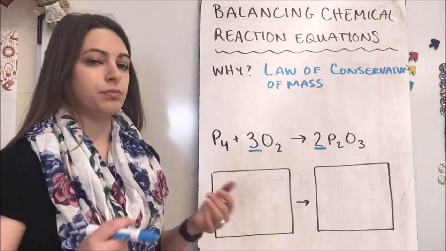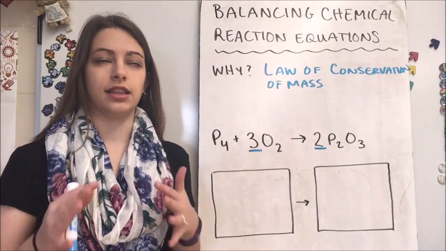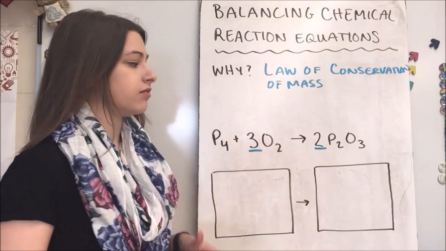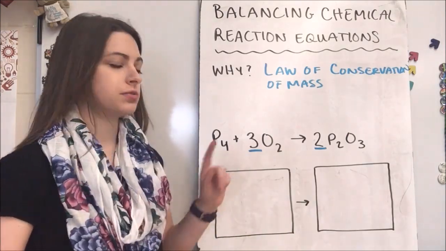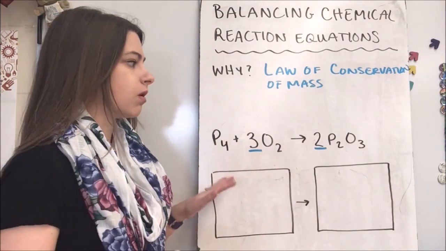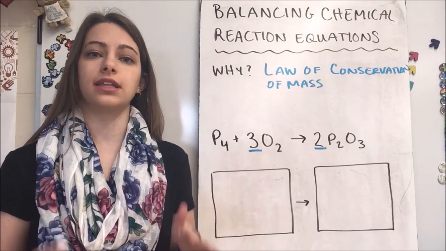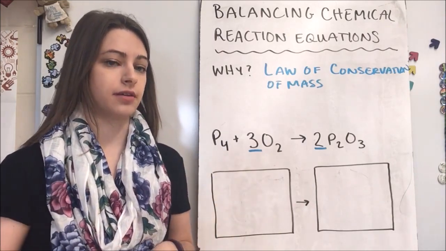When we balance a chemical reaction equation, the only thing we are ever allowed to change are the coefficients. You can't change the subscripts, you can't change the chemical formulas, and you can't add any additional formulas.